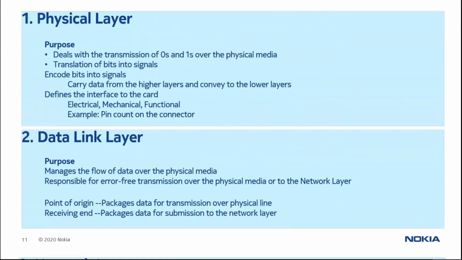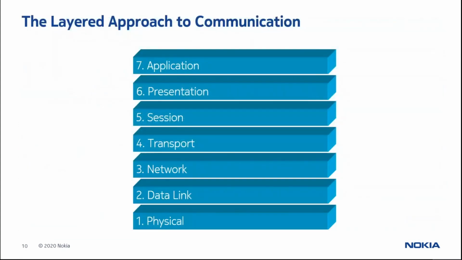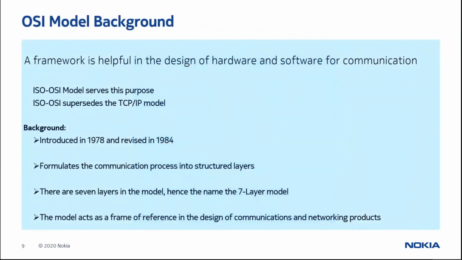One must also notice that this OSI model supersedes the TCP/IP model. One might be wondering what the differences are between the OSI model and the TCP/IP model, right? OSI typically has a 7 layer architecture, and TCP/IP has 4.